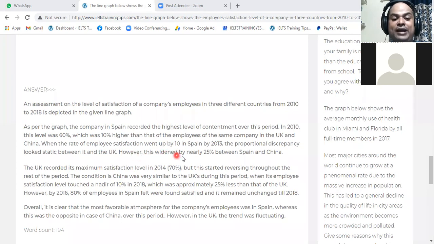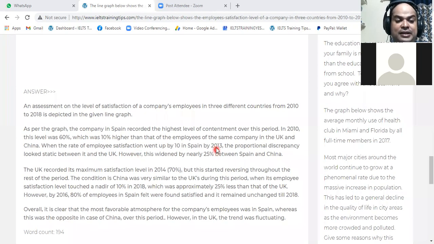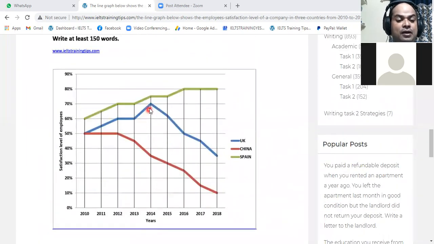However, this widened by nearly 25 percentage between Spain and China. So between Spain and China, from the starting point till 2013, it went from 10, 10, and around 5, so 25 percentage.